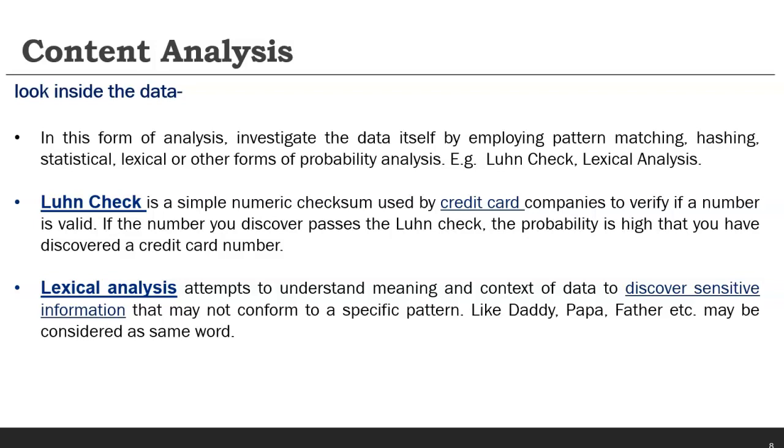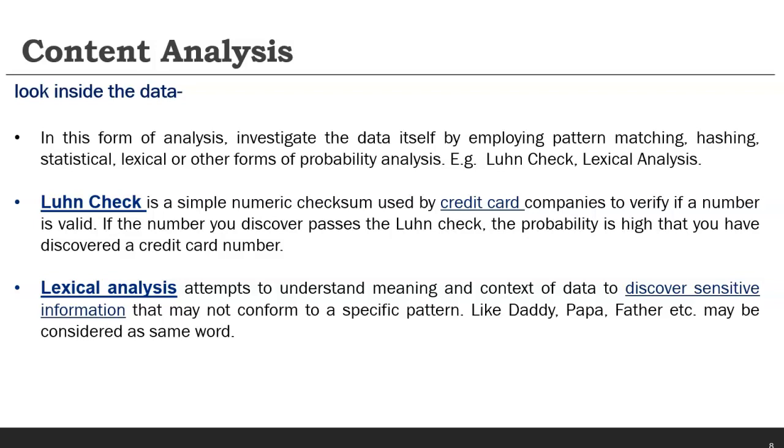This is a smarter way of identifying data. Here it discovers sensitive information that may not conform to a specific pattern. Let's say you have given the value as payment detail, but it is not necessary that the content covered has exactly the same wording. It can be invoice detail or a similar name, and you may not be able to discover it if it is string matching.